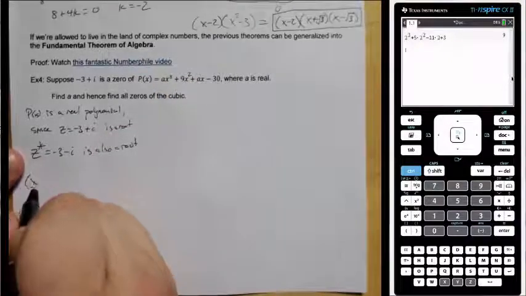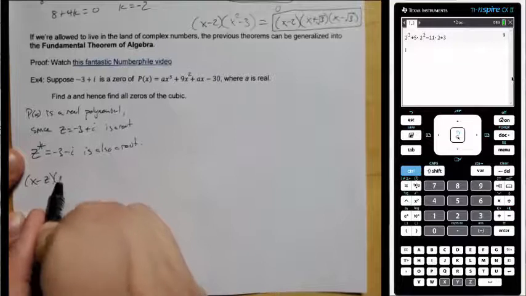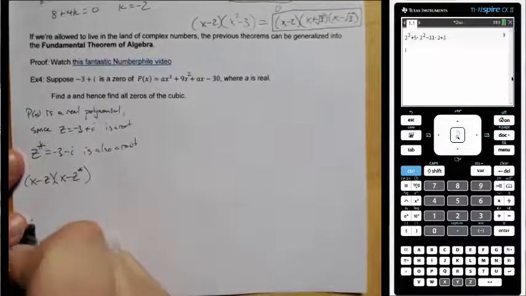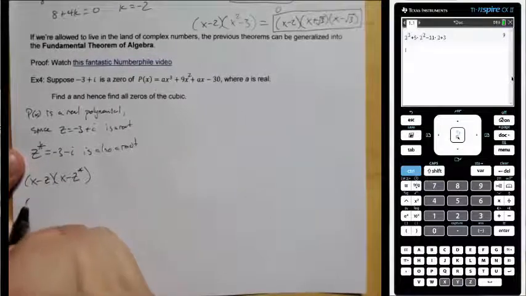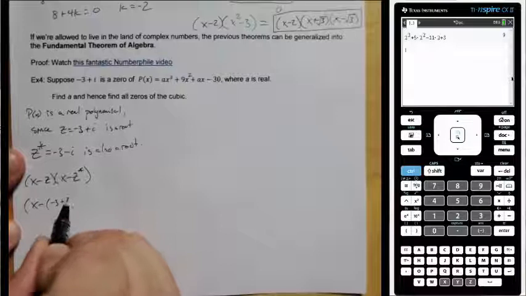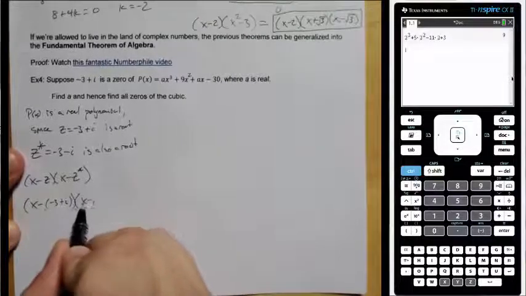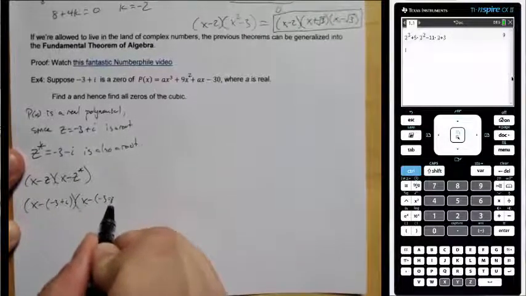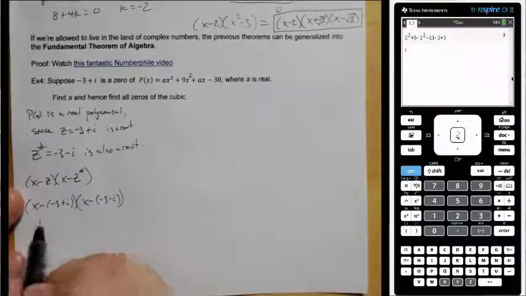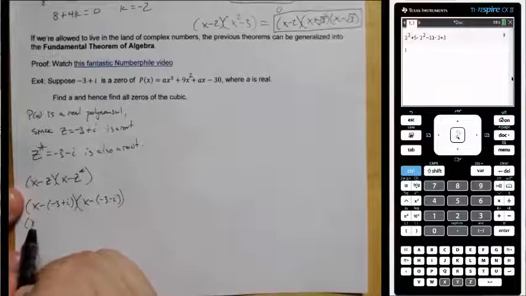They're x minus z and x minus z star. Or I can multiply this out, because I know what z and z star are. I know that x plus 3 minus i and x plus 3 plus i are factors. So I multiply this out, as we've done a few times already.